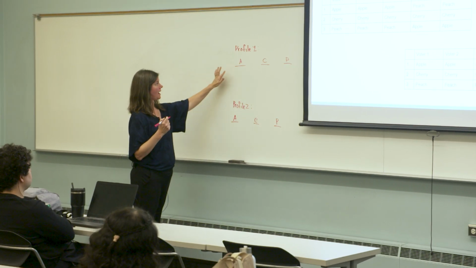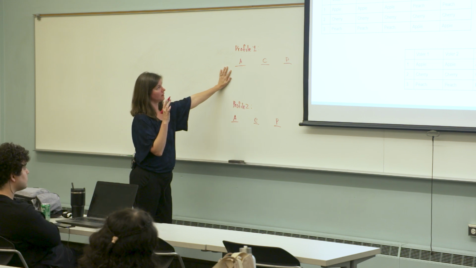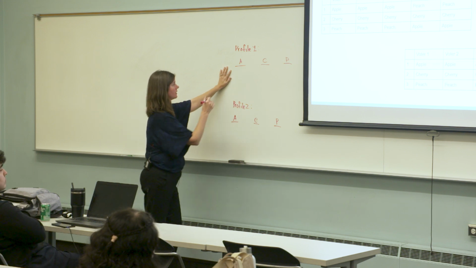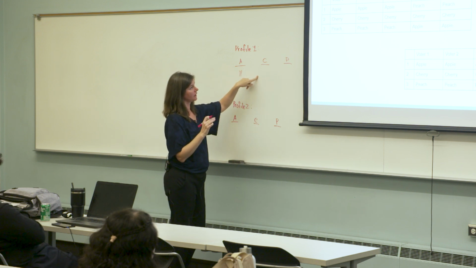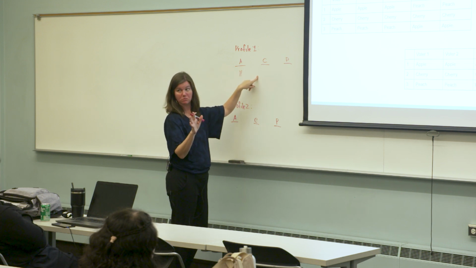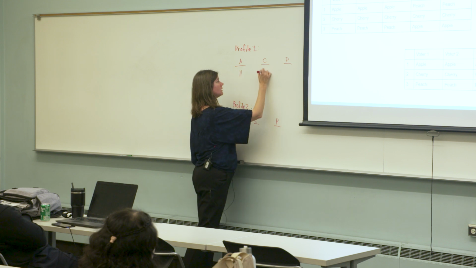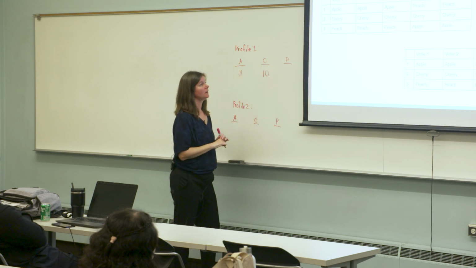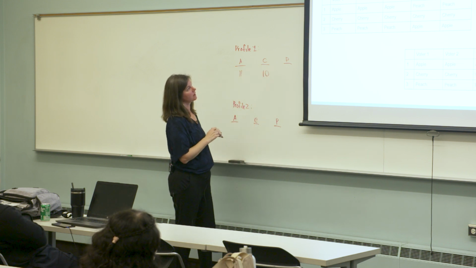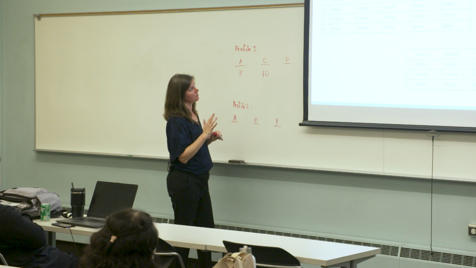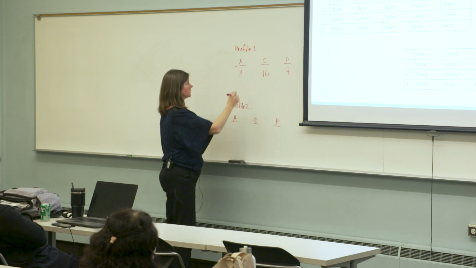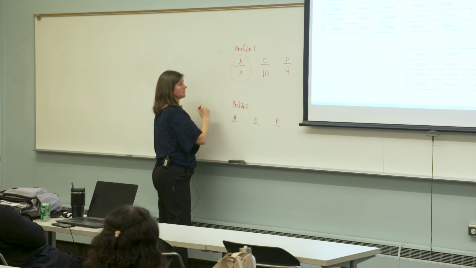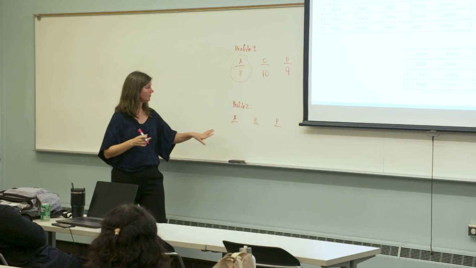Okay, let's try it. So apple is going to get 3, 6, 9, 10, 11 points. Cherry will get 2 for everything, so 10. And peach gets 3 plus 6, so 9. So apple wins. Okay.